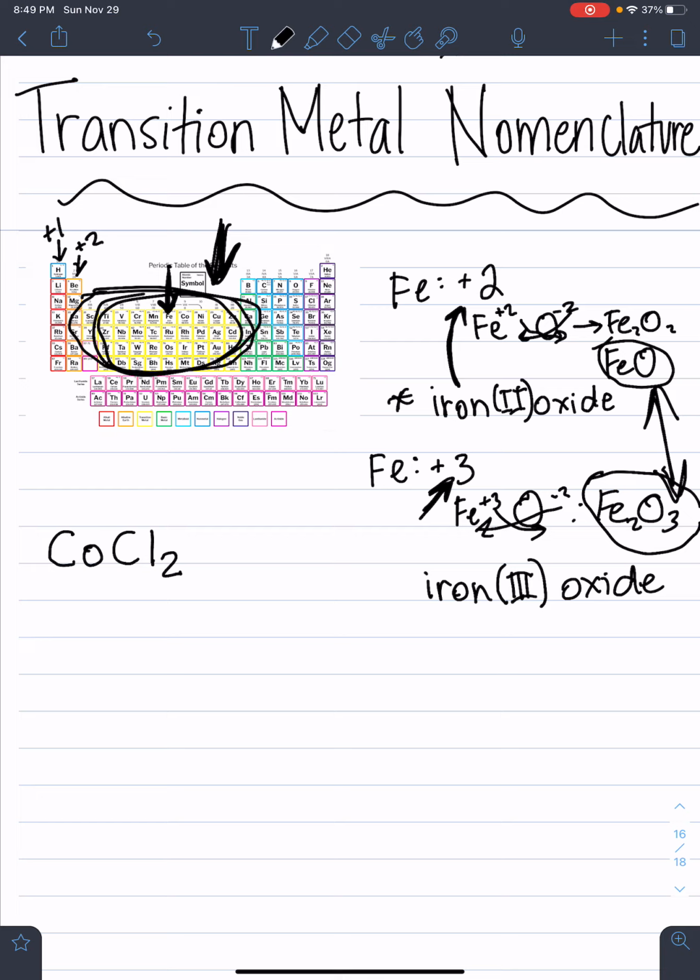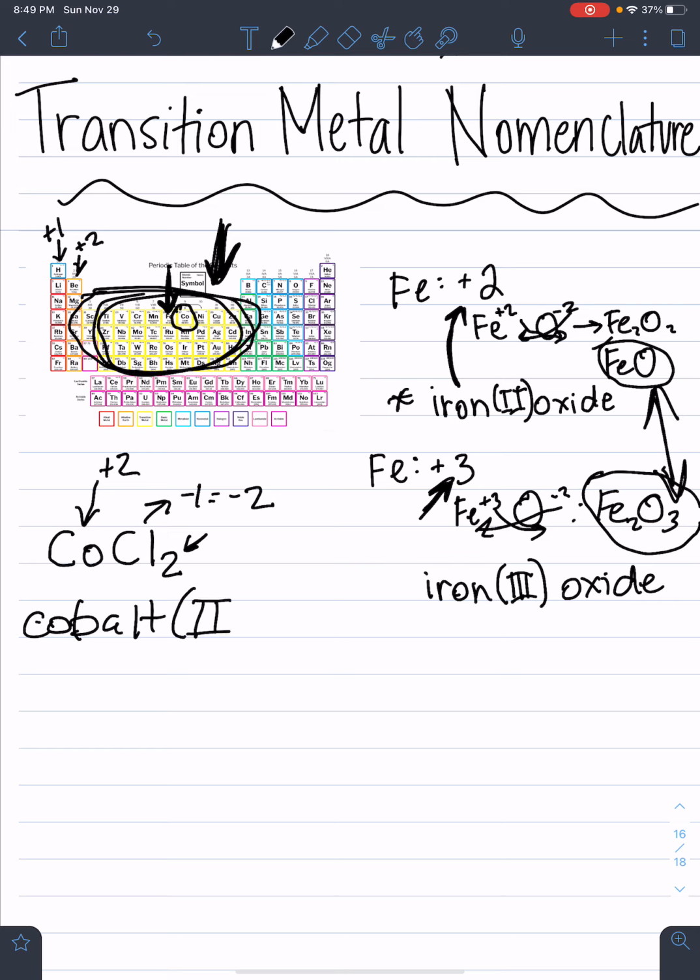So in order to do that, you have to think this Cl has a -1 charge, but there's 2 of them, right? So it really has a -2 charge. So this Co, there's only one of it, so it has to have a +2 charge. So Co on your periodic table is right here, so it's going to be cobalt, and it has a +2 charge. And then Cl on your periodic table is over here, and it's going to be chloride.